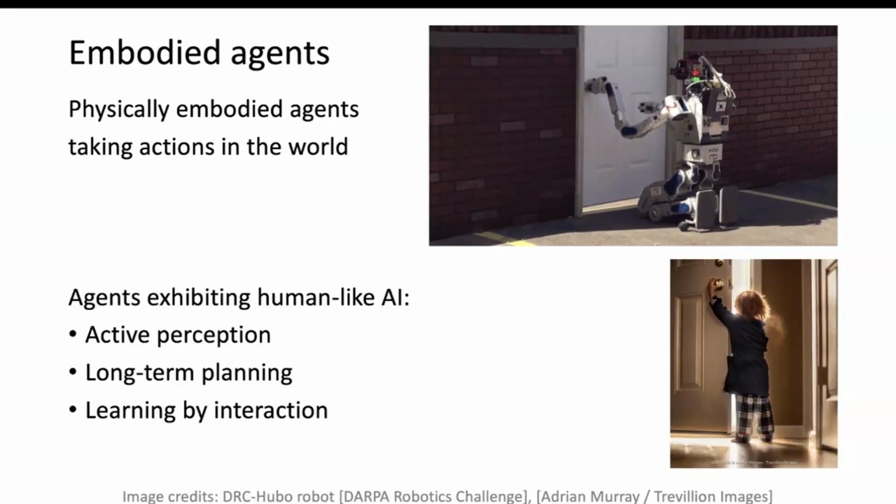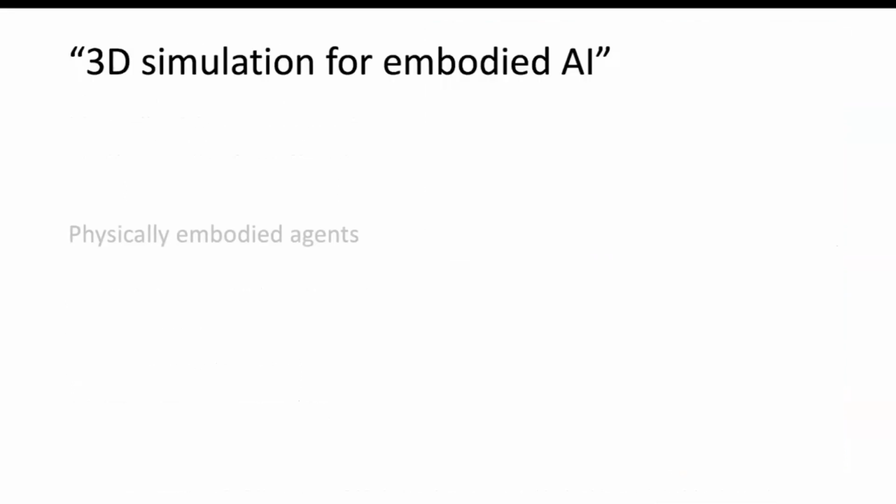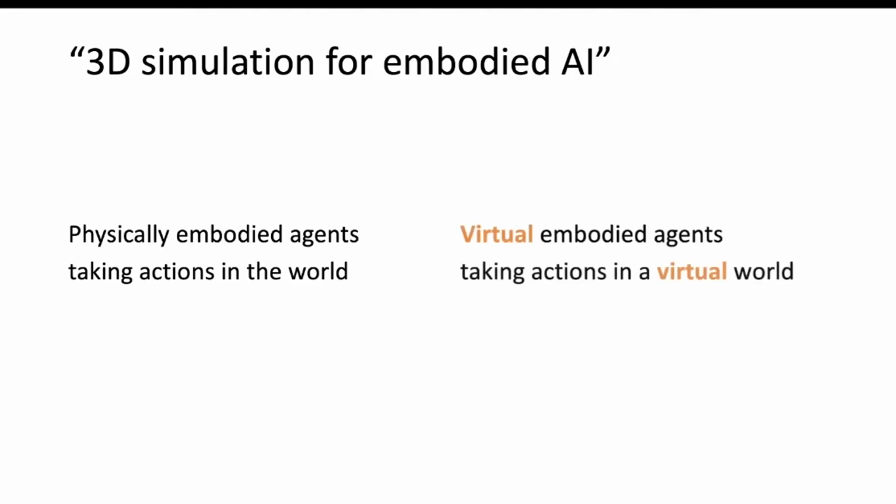Now, if I were to take agents here and strike it out and put robots here, this should sound very familiar, right? Robots. But why do I use this term embodied AI, embodied agents? It's because I want to focus a little bit, shift this, when I say 3D simulation for embodied AI, shift it from physically embodied agents that are taking actions in our real physical world to this other setting where it's more about virtual embodied agents taking actions in a virtual world.